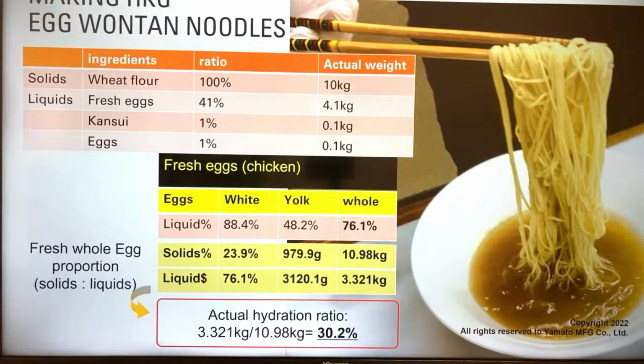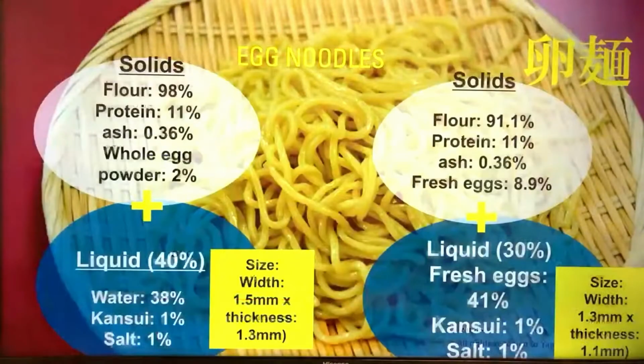So even though we add fresh eggs at a ratio of 41%, the hydration is not 41%, because 24% of it is solid and should be considered solid. It feels like it's probably a little higher than that, but in the calculation, it comes out like this.